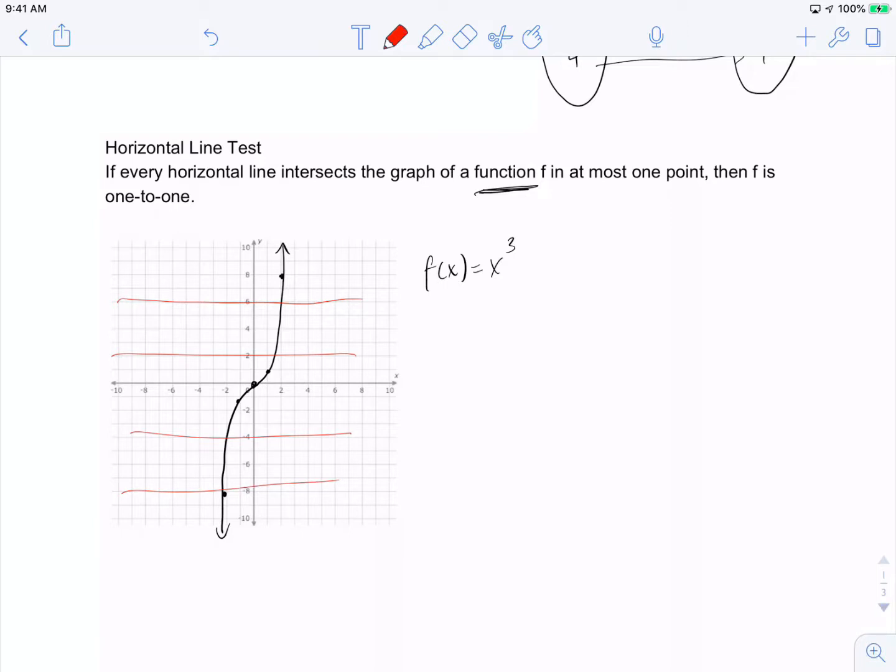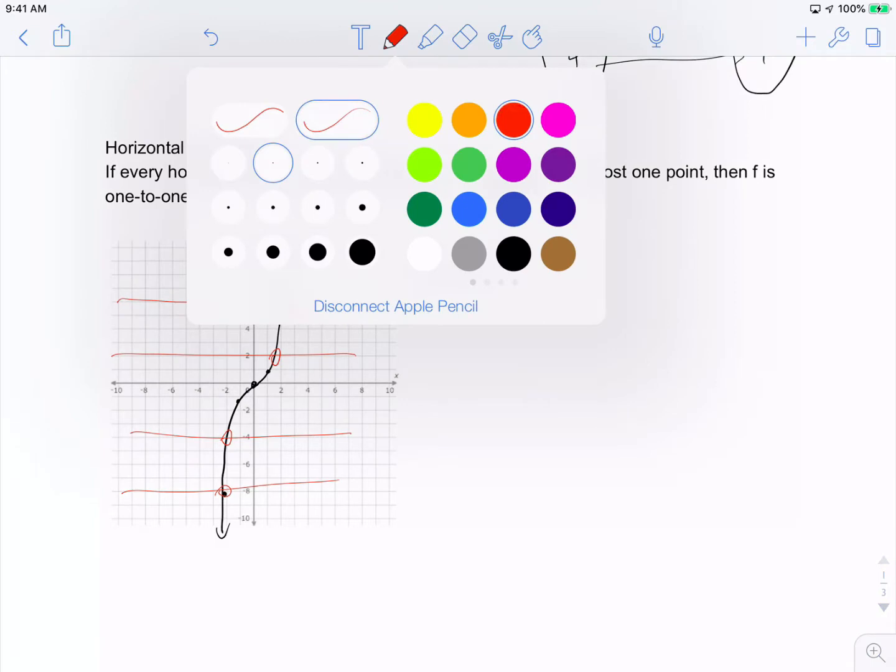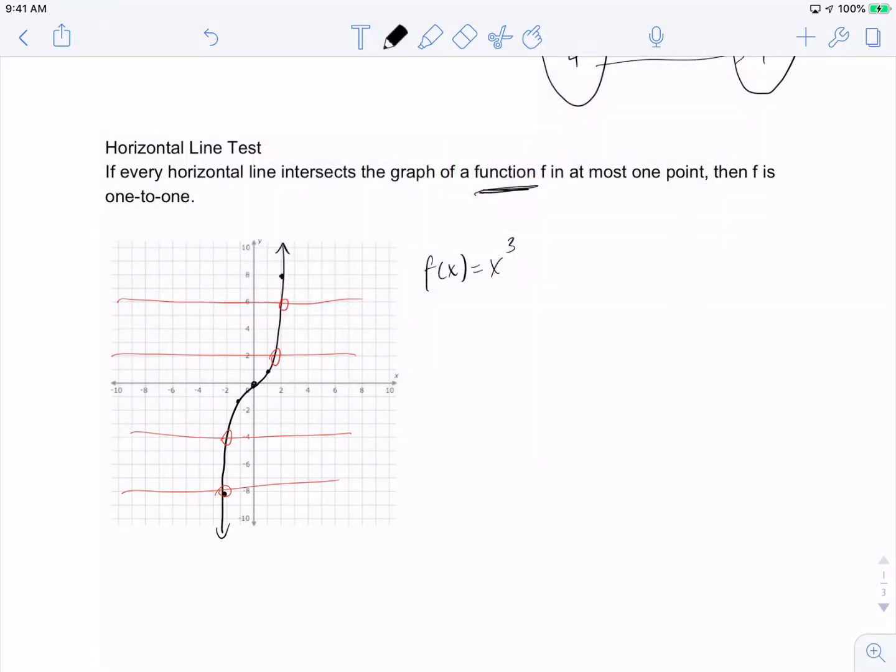And really it's one line that's being slid up and down, but you can see that each horizontal line is only hitting the function at one point. Because it's only hitting it at one point, the function f of x is equal to x cubed is a one-to-one function.